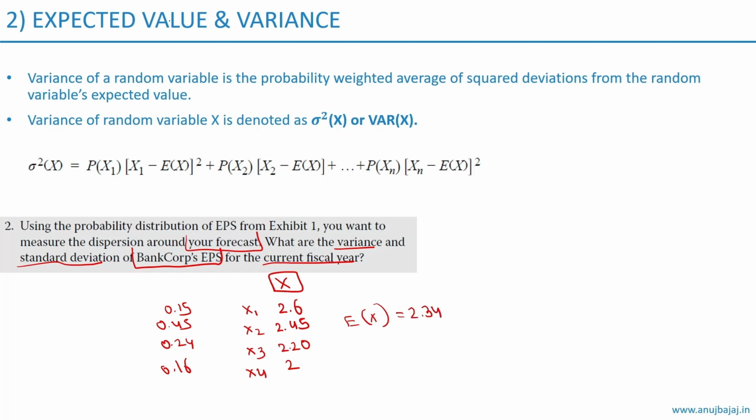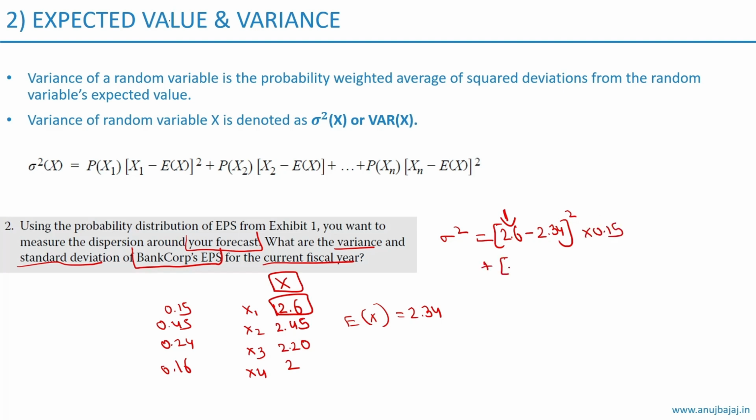Now let us calculate the variance. Variance equals the first outcome, which is 2.6, minus the expected value of 2.34 squared, multiplied by the probability of this outcome occurring, which is 15%.